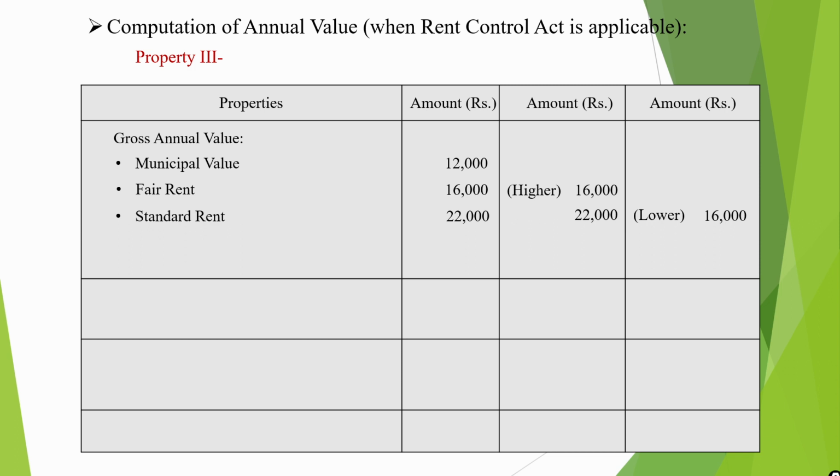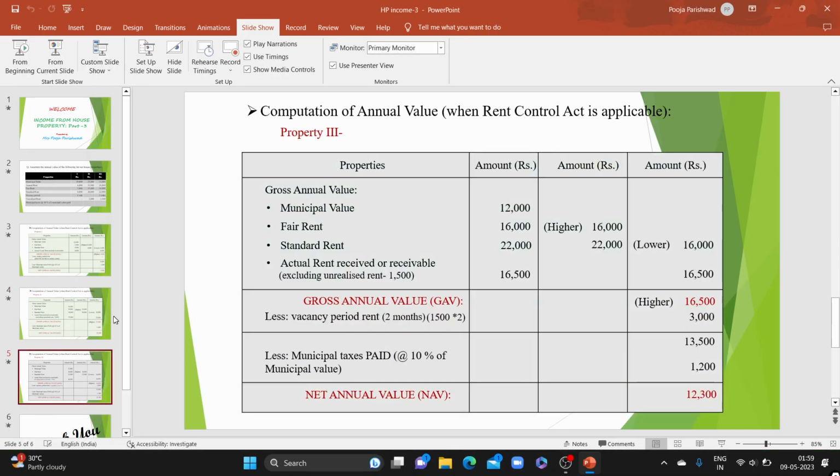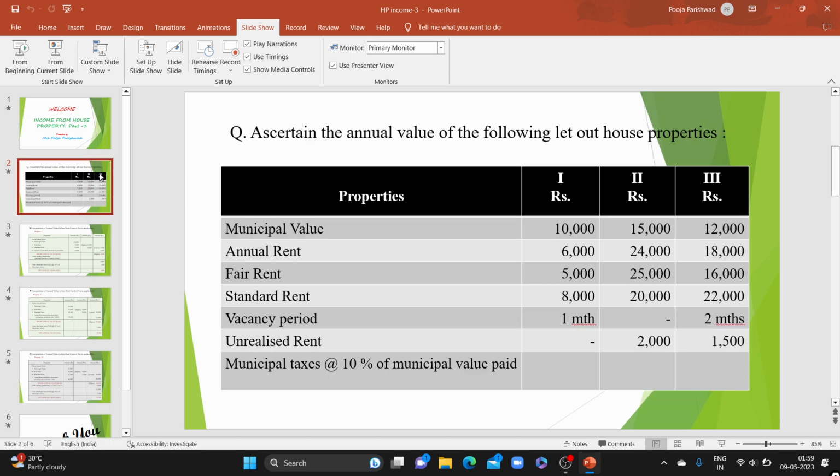Now this 16,000 you have to compare with the annual rent by excluding unrealized rent. For house property third, the unrealized rent given in the problem is 1,500. See in the problem what is given.